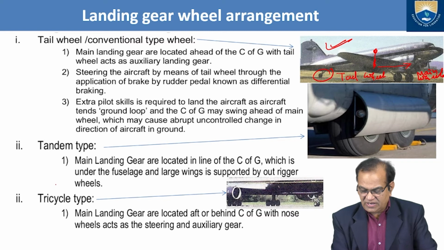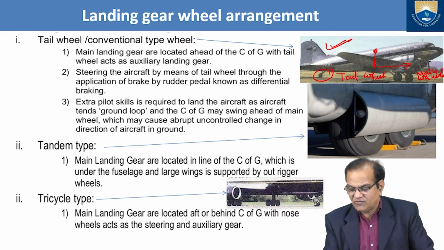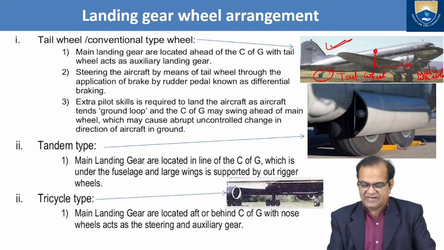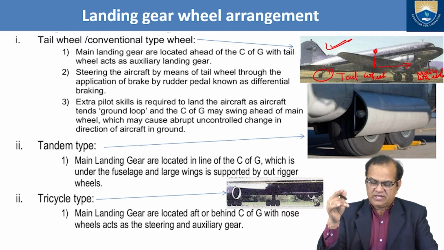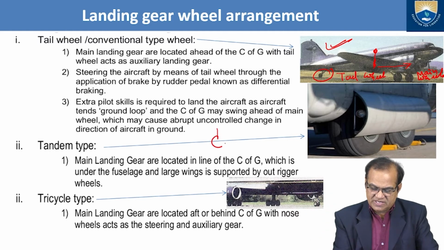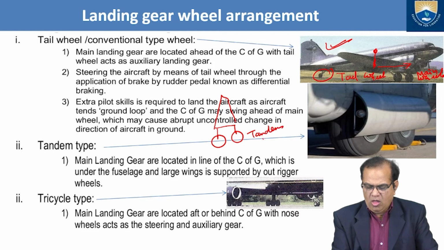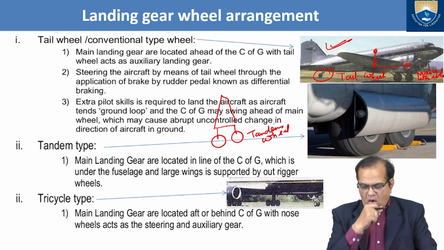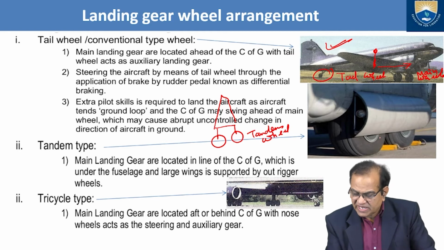Another is the tandem wheel. If you see here, the tandem wheels are forward and aft, just like this, this, and this. They are parallel.